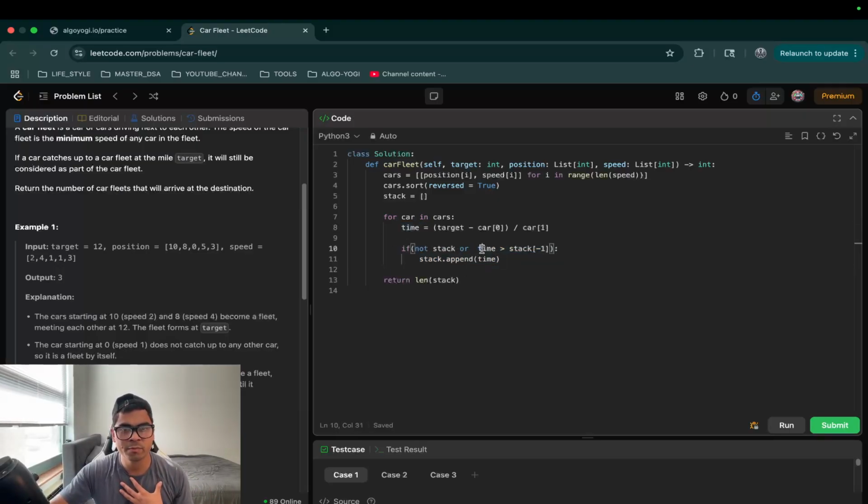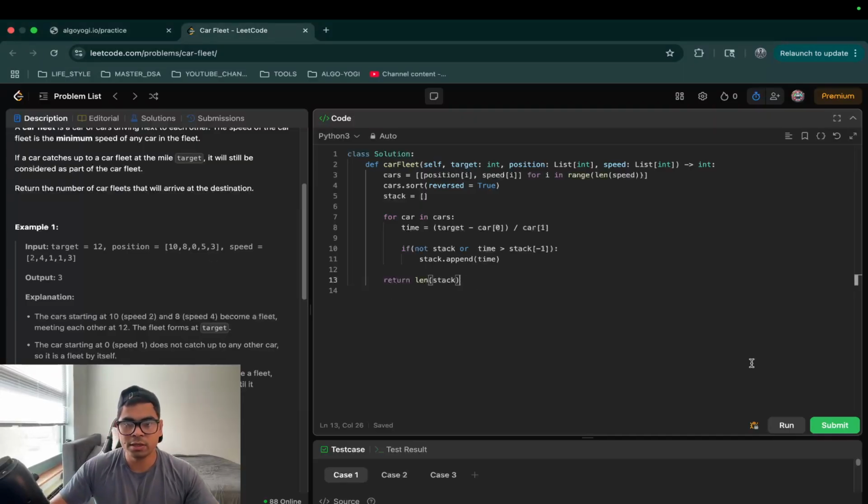That means that time was smaller than the top of my stack. That means this car cannot pass. It has to join the fleet because the car on the top of the stack was going slower. So we don't have to append it. Any car that comes faster has a time lesser than the top of the stack, and will have to keep appending from the back.